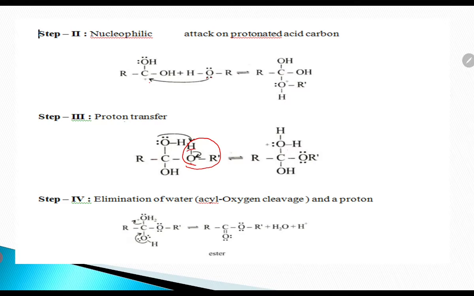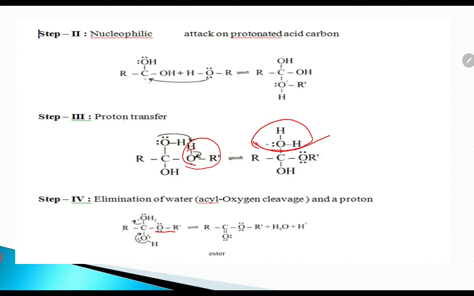In the fourth step, the elimination of water takes place. With the elimination of water, we get RC(OH2)OR'.